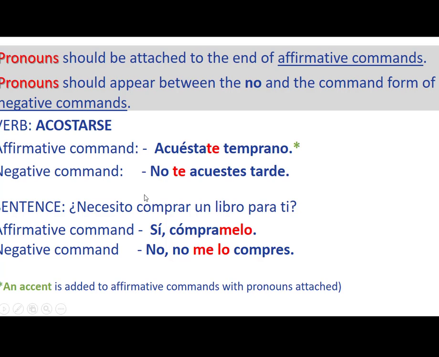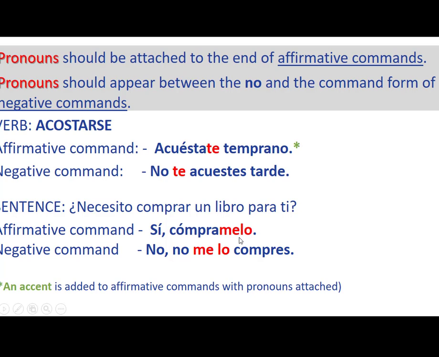Te lo necesito comprar. I'm just rephrasing the question. So, do I need to buy a book for you? Someone is talking to someone else, and that other person says, yes, buy it to me. Yeah, I know you need to buy it for me. So, it will be sí. Cómprame, buy it for me.